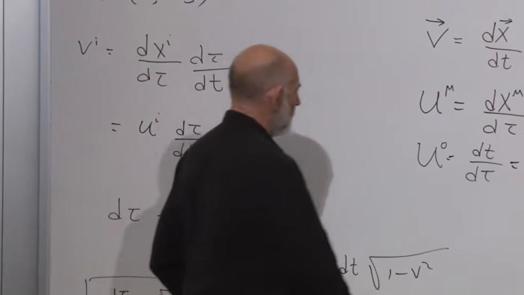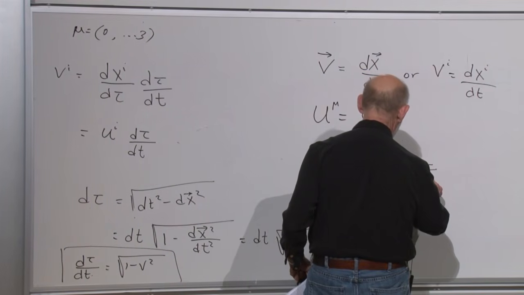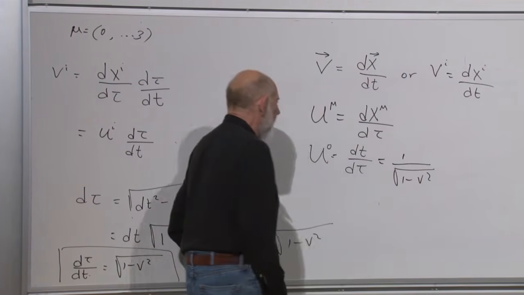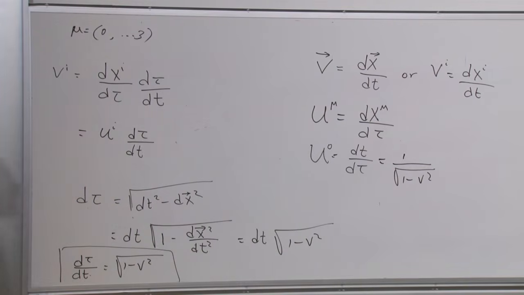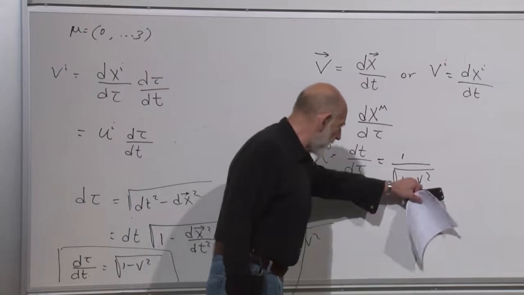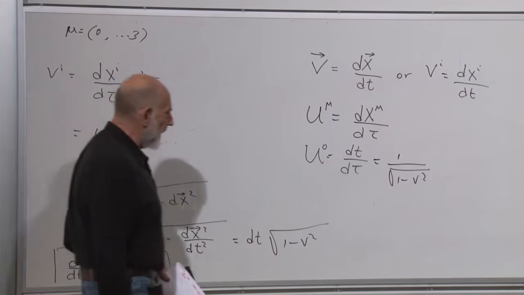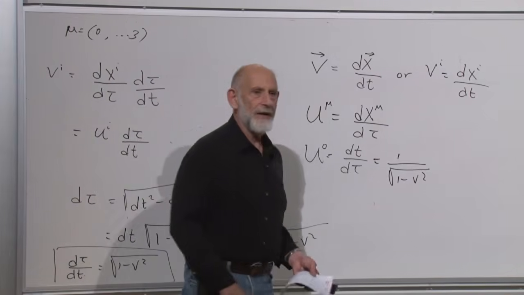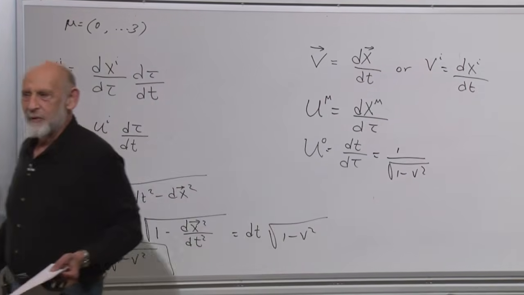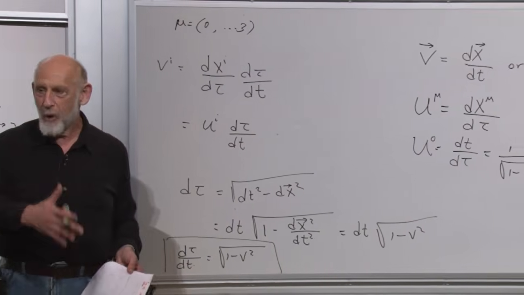So u naught is 1 divided by the square root of 1 minus v squared. Non-relativistically, where v is much smaller than the speed of light, this is just 1. That's why we never think about dt by d tau, because tau is t and d tau by dt is just 1.